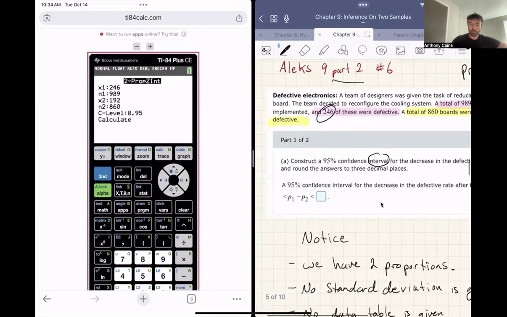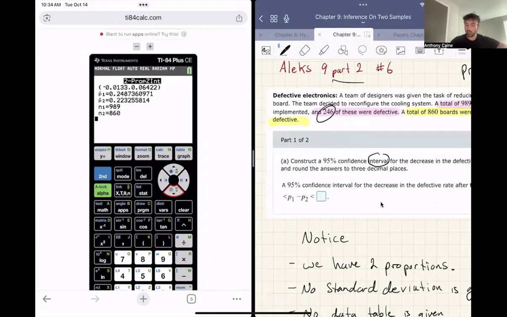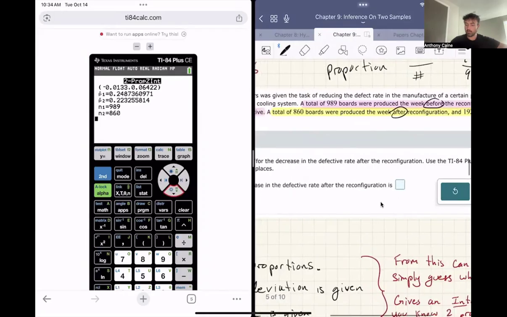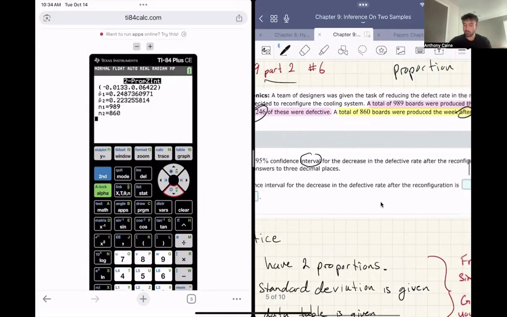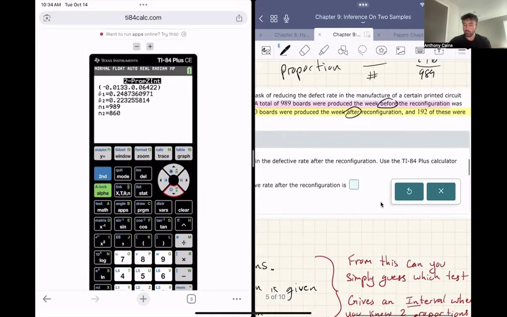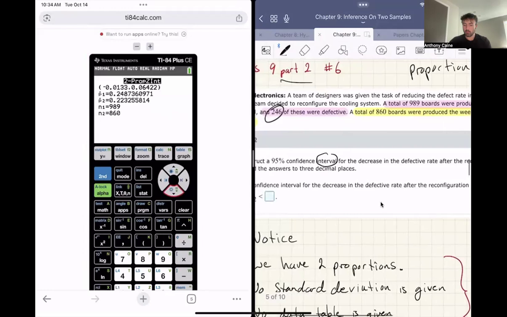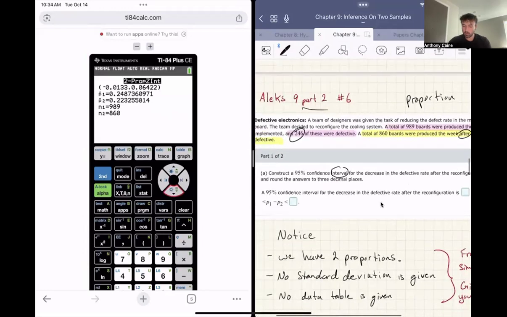We're at 95%. Cool. We'll do that. Calculate, enter. It's spaced out weird, but the difference in proportions, did I enter it correctly? We would want to do, maybe construct. Okay.